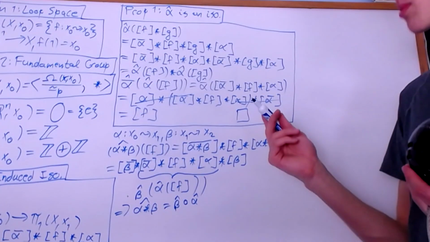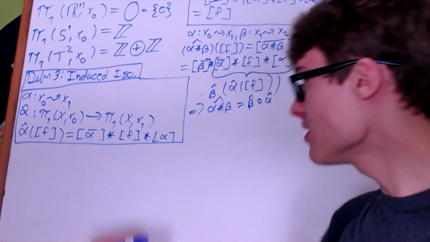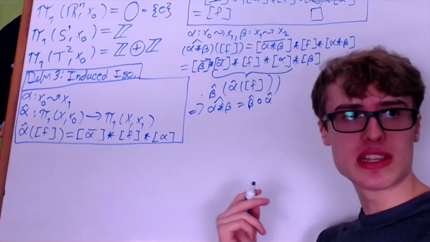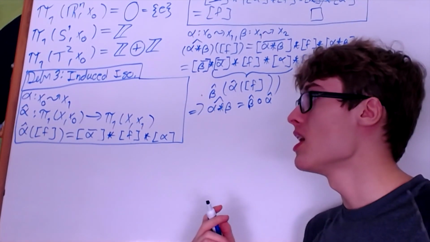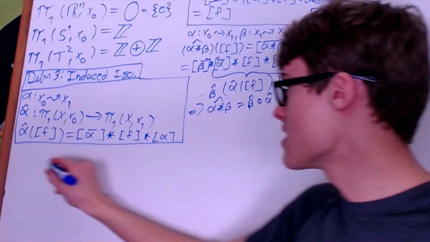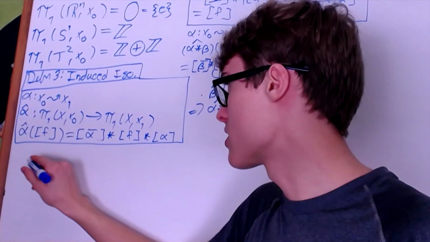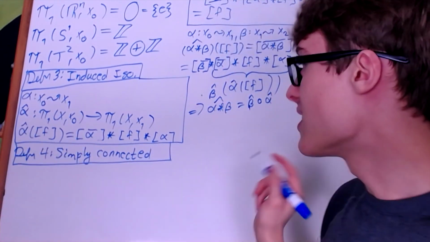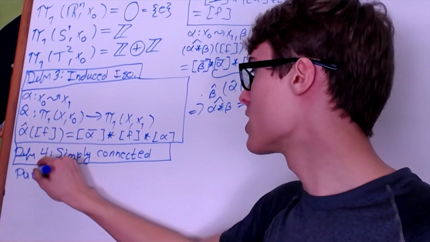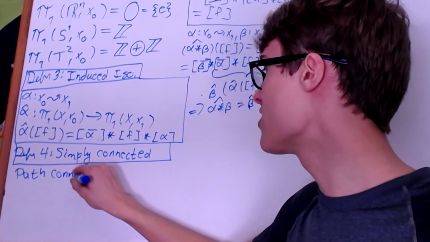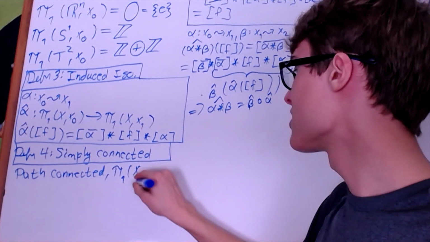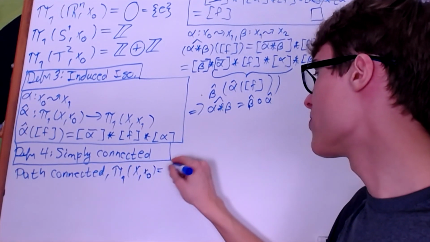And so this brings about a definition of a concept that basically says all of these fundamental groups are equivalent and they're all equal to some value. And this is the idea of a simply connected space. A simply connected space is a path-connected space, meaning you can connect any 2 points via a path, where the fundamental group of x at any base point is trivial.